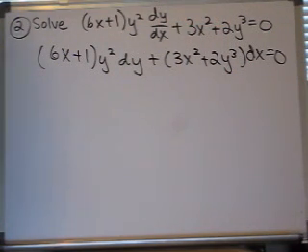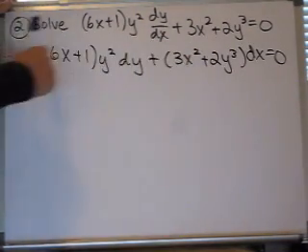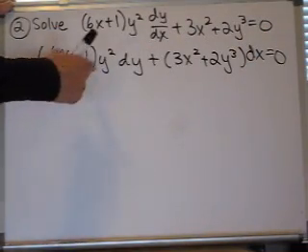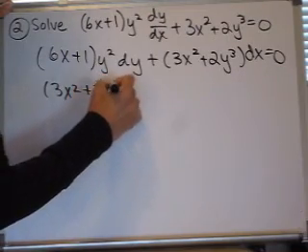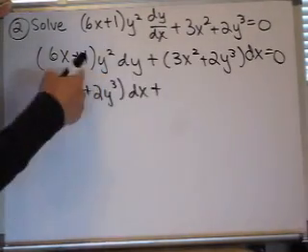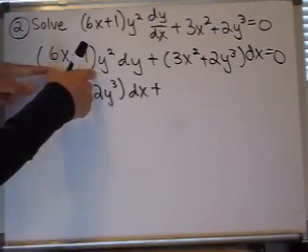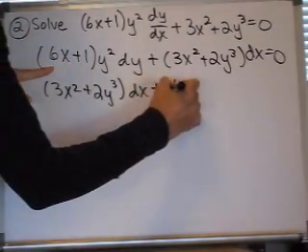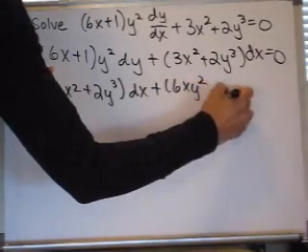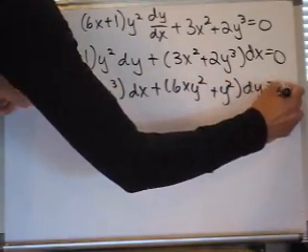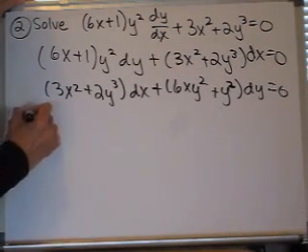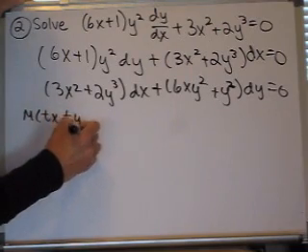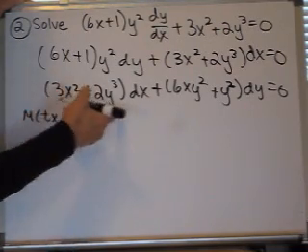The other thing you might check for is to see if it's a homogeneous differential equation. We put these in the correct order with the dx term first and the dy term second, because we're used to seeing them that way. So (3x squared plus 2y cubed) dx plus, I'm going to distribute this function in front of dy, so I get (6xy squared plus y squared) dy equals 0. To check for homogeneity, I would need to plug in tx and ty into M, the coefficient function in front of dx.